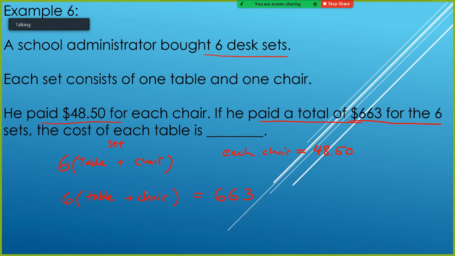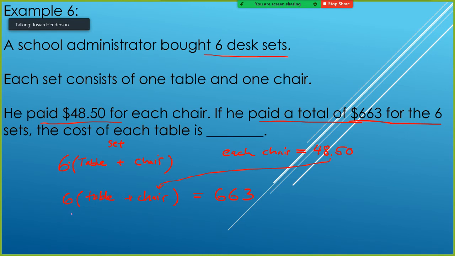So if we knew the cost of each table and the cost of each chair and added that together, that would be 1 set. And 1 set times 6 adds up to $663. So I'm going to substitute $48.50 in for wherever I see chair in the math I'm putting together down below.